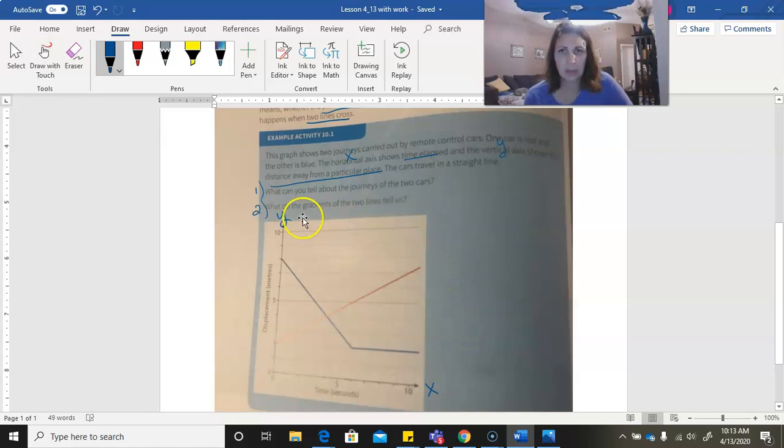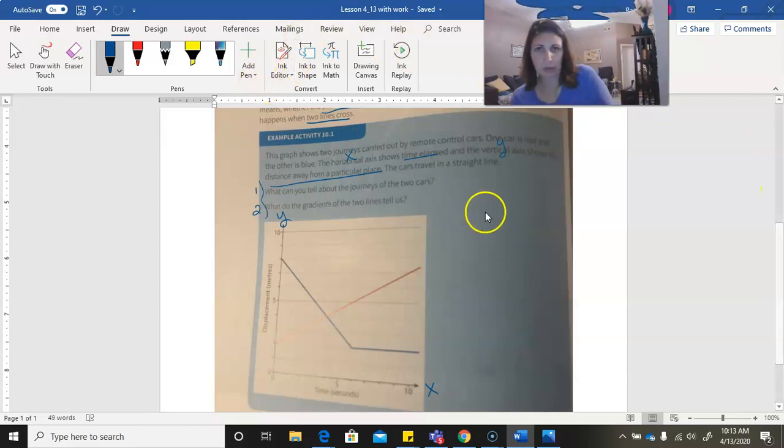Number 2 asks, what do the gradients of the two lines tell us? Remember, when we're talking about the word gradient, we're talking about slope.